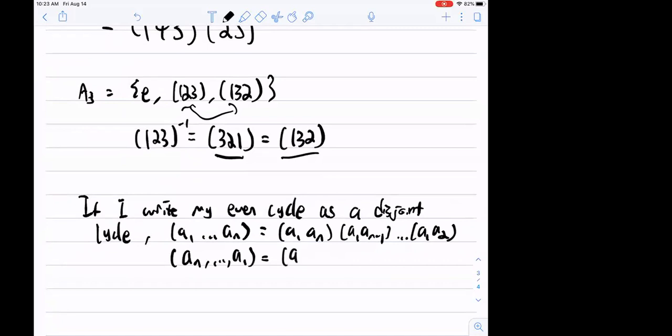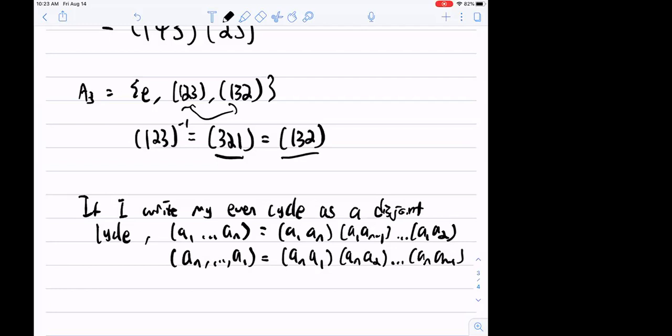I could tell you what it is: AN, A2, all the way to AN. It's the same number, because your cycle type doesn't change.